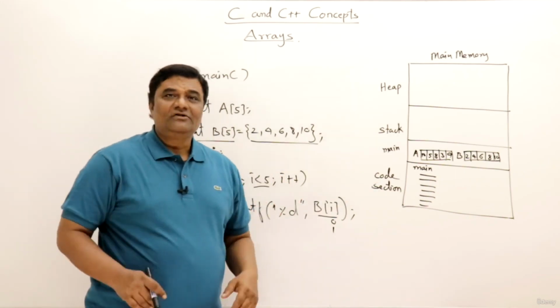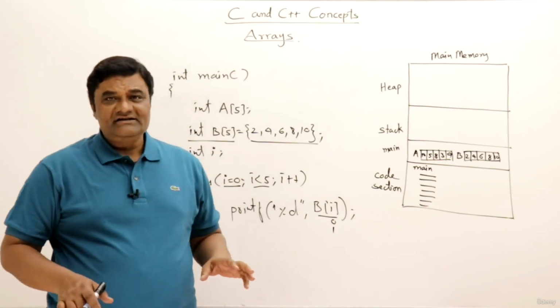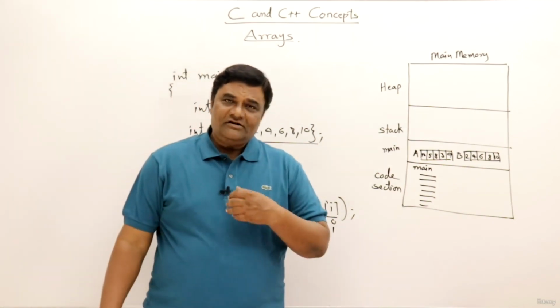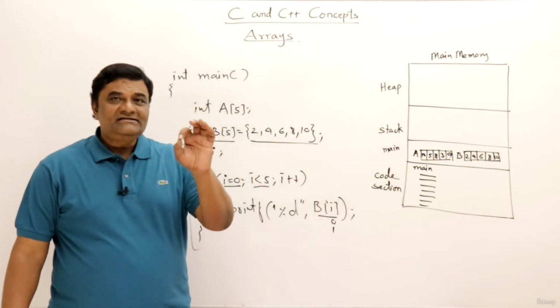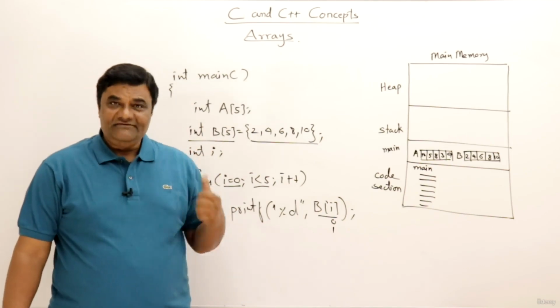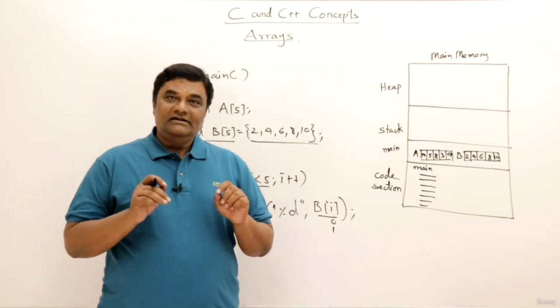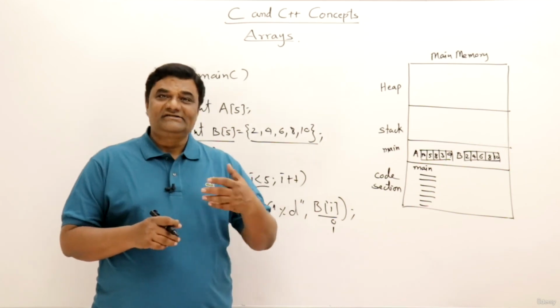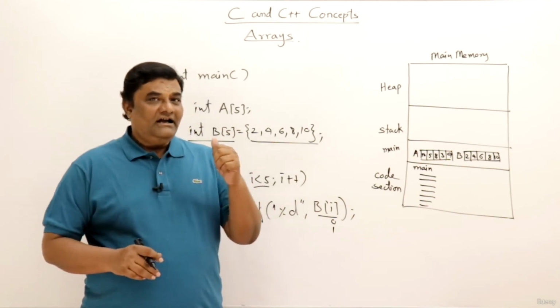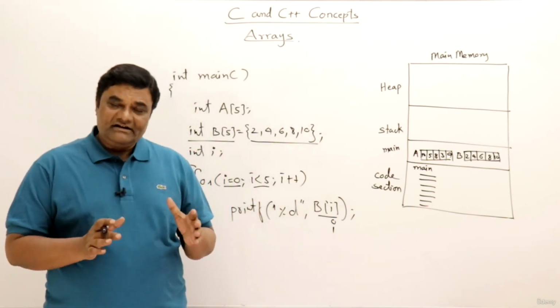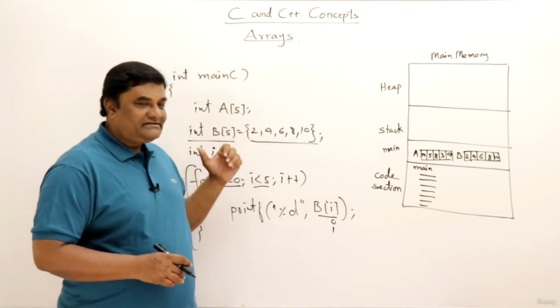So that's it. This is sufficient because we have a very big topic called arrays. We are going to learn lots and lots of things about arrays. Just as an introduction, as a revision, I have done it. So the points that I have discussed, let me put them together. I have explained what an array means and how to declare and initialize it.